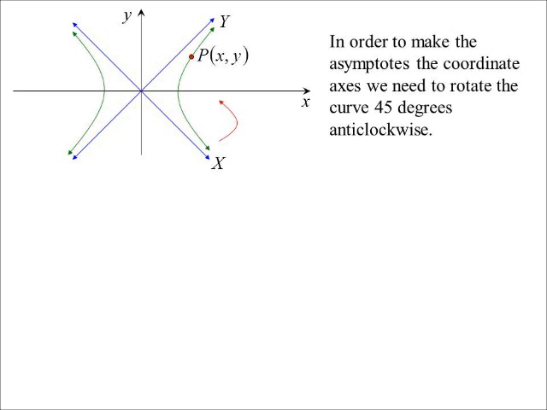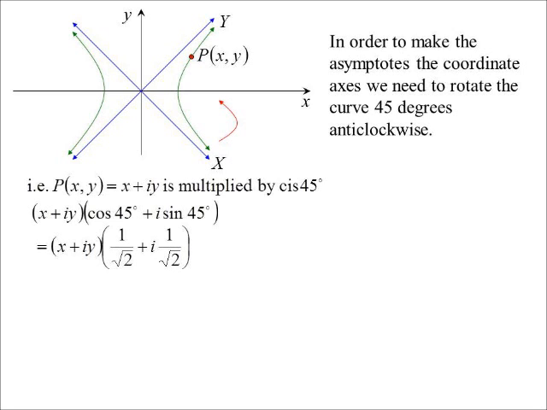And we know rotation in the Argand diagram is multiplication. So if I call my random point that's on my hyperbola x, y, but on the Argand diagram it's representing x plus iy, I want to rotate it 45 degrees, so I'll multiply it by cos 45 plus i sin 45. And that should get me the new position.